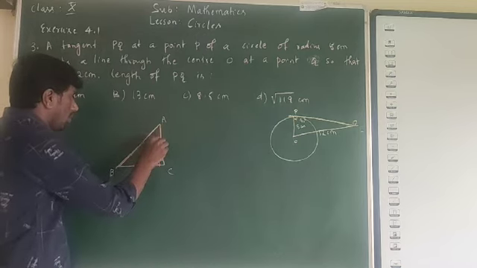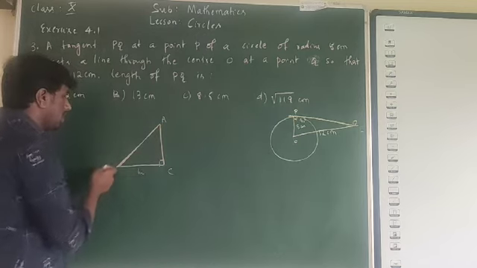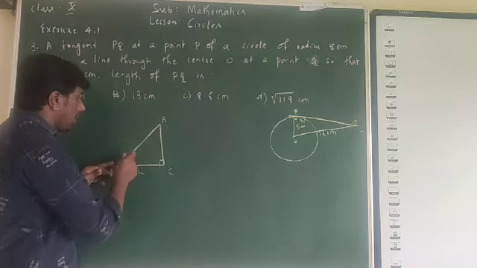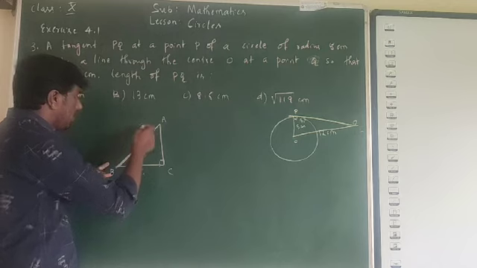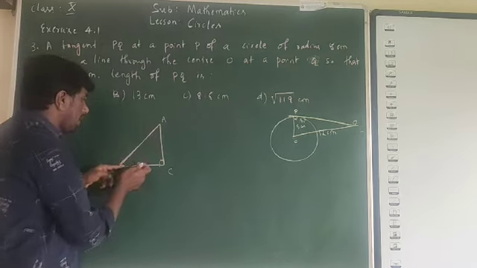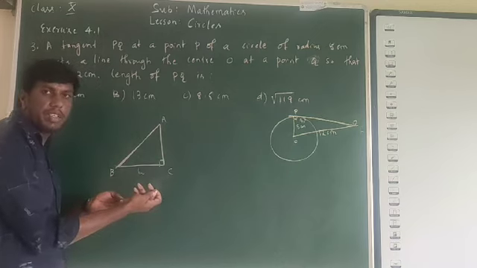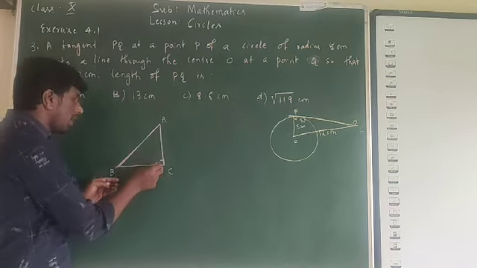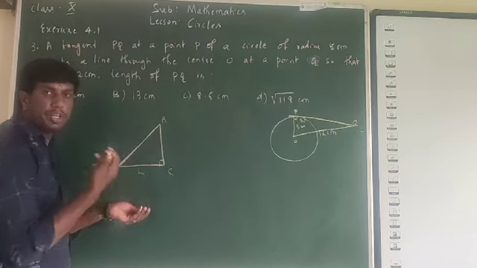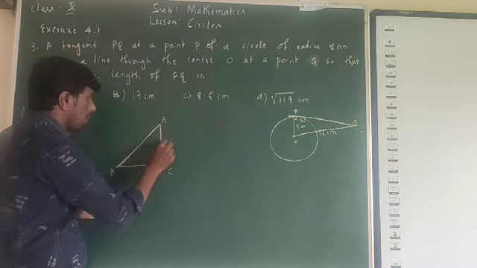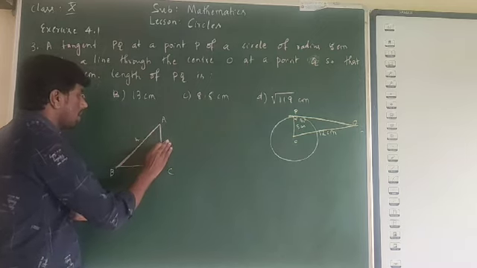So the hypotenuse should not be one of the two lines connected to the 90 degree angle. If I have a 90 degree angle, then the lines connecting to it can't be taken as the hypotenuse side. So this will be the base, this will be the perpendicular, and this is the hypotenuse.